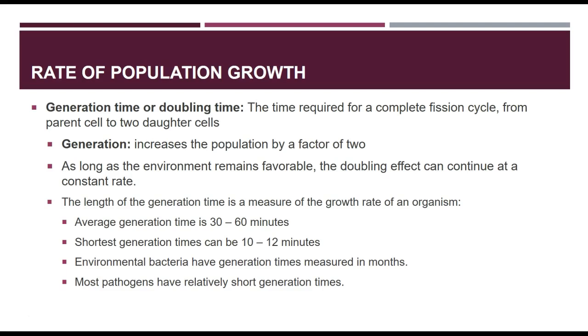We also call this generation time. A generation is when you have doubled the number of cells compared to parent cells. So if I had 1 parent cell and I now have 2 daughter cells, that is a generation.